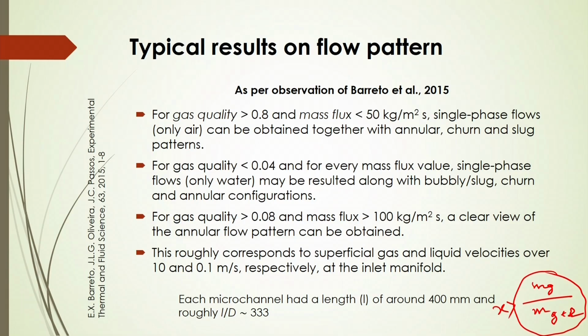So, you actually can optimize which gas quality to maintain to get that particular flow pattern. These are observations based on experimental results obtained by Barrett et al. in 2015.